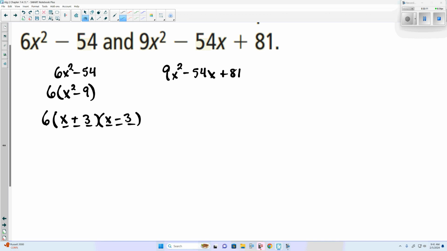Any questions on our first set of factors? We ready for the next one? The greatest common factor is 9, because 9 does go into 9 and 81, and it does go into negative 54. Because if we factor the 9 out, we have x squared minus 6x plus 9.